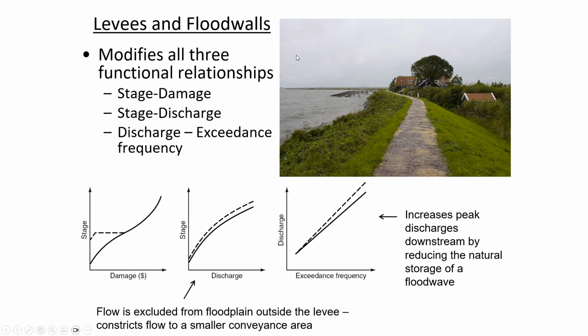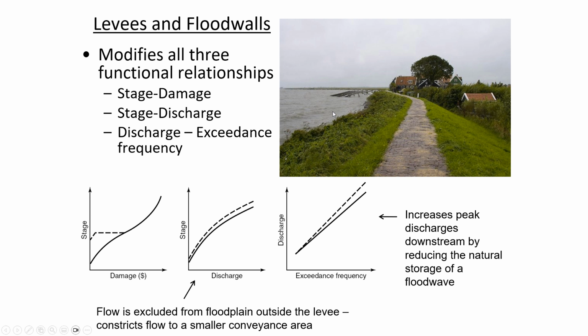But now the water can get much deeper, and there's no damage, and then finally, when you get over the edge of the flood wall or higher than the levee and water starts to spill off the side, it increases slowly at first, but then any additional flow is going to get you all of the areas that would have been damaged up until this point, the cumulative damage that's been avoided.